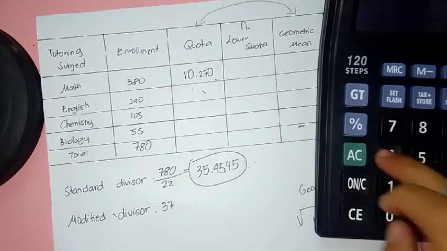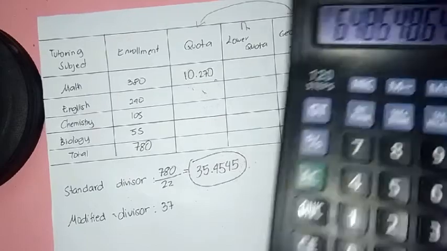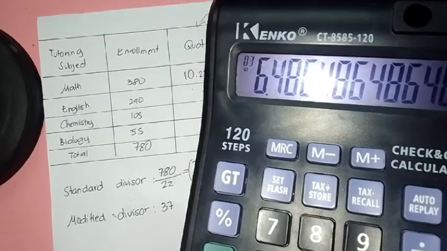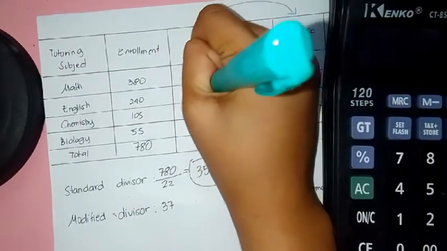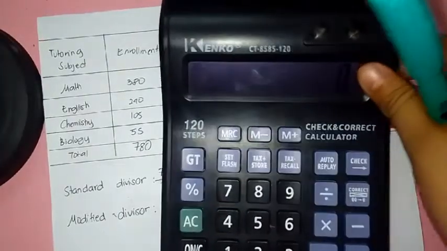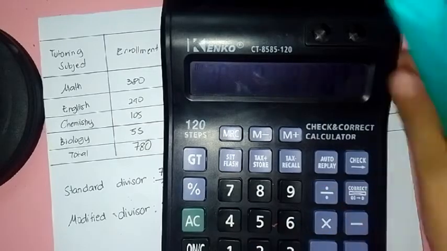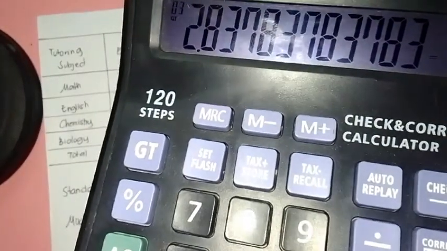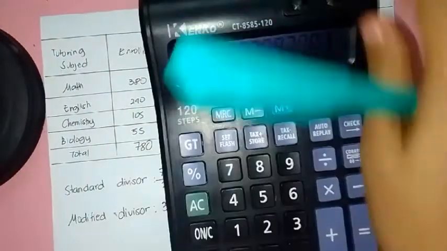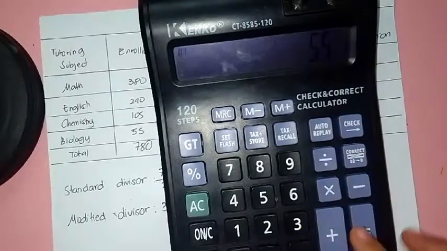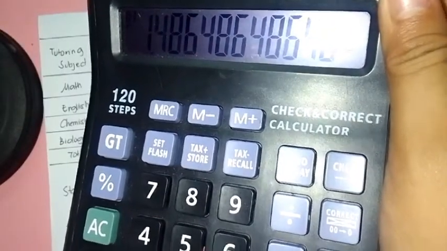So, 240 divide 37. We have 6.486. 105 divide 37 is 2.838. 55 divide 37, so we have 1.486.